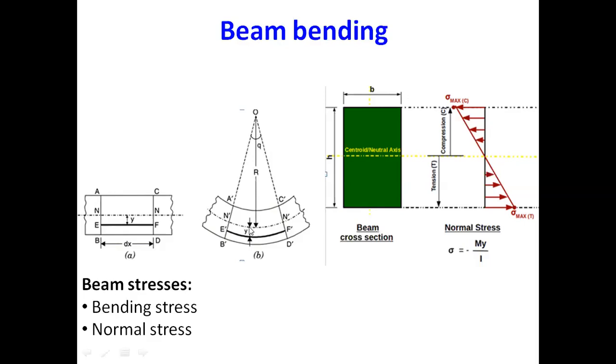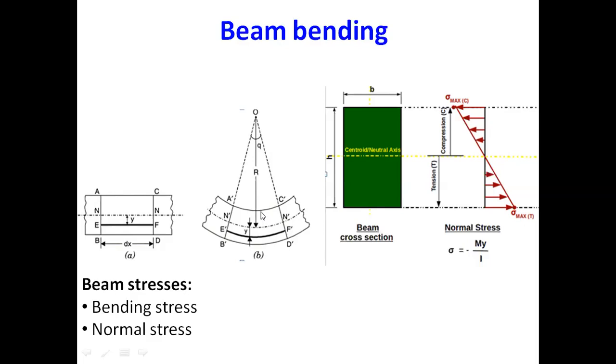Below the neutral axis, we would have tensile stresses, and as you move in the downward direction, the tensile stresses would increase, and it would be maximum at the opposite surface of the beam. B dash D dash is the fiber which is extremely in tension. So at that fiber, the tensile stress would be maximum. On this fiber, the compressive stress would be maximum.